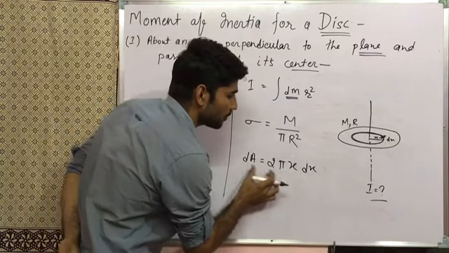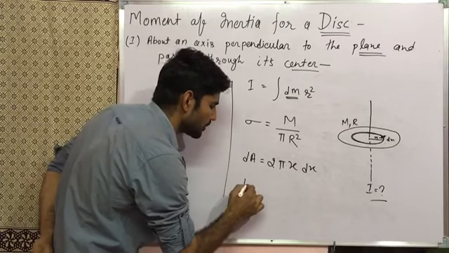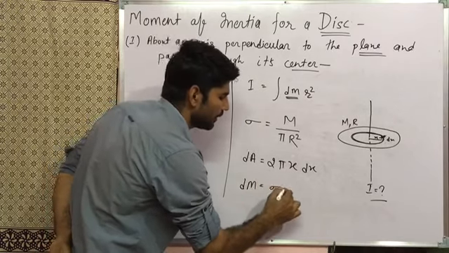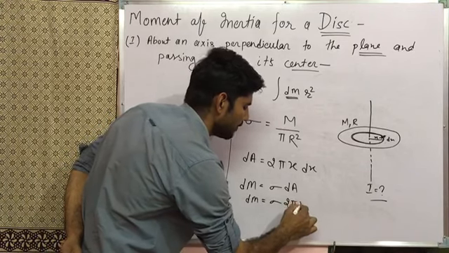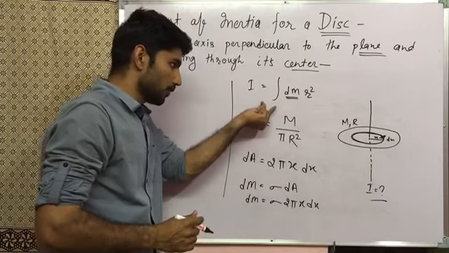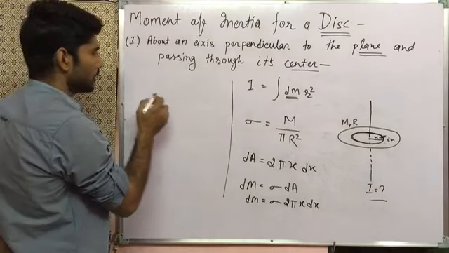Then the mass of this small component will be density into area. So the small mass dm will be sigma into 2 pi x dx. Now we will put this value in the formula and derive the moment of inertia.